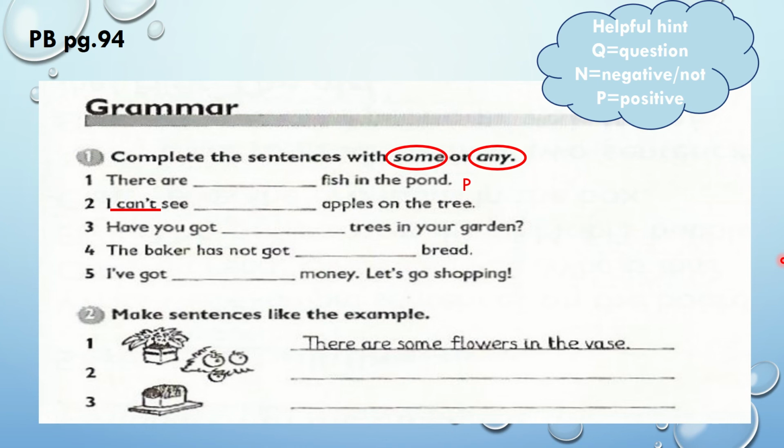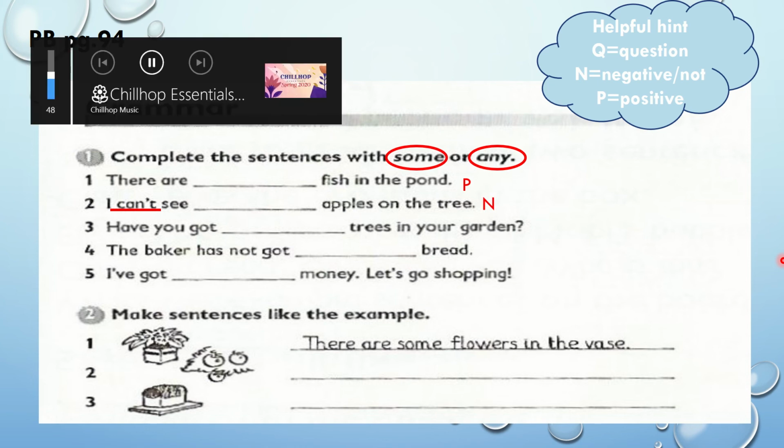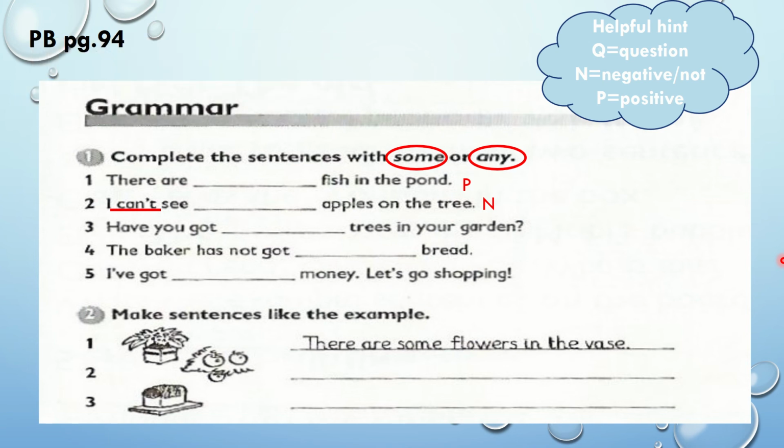Then when we see, I can't see apples on the tree. Can't makes it a negative sentence. Then in question number 3, we see, have you got trees in the garden? Have you got? It's a question. Then we have question number 4.